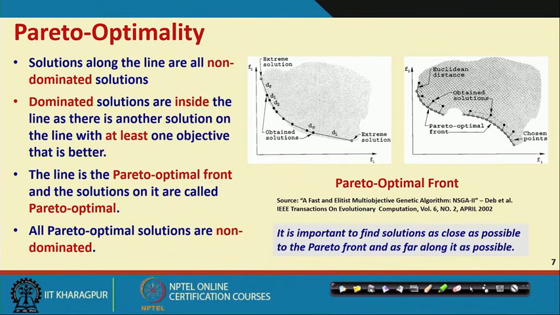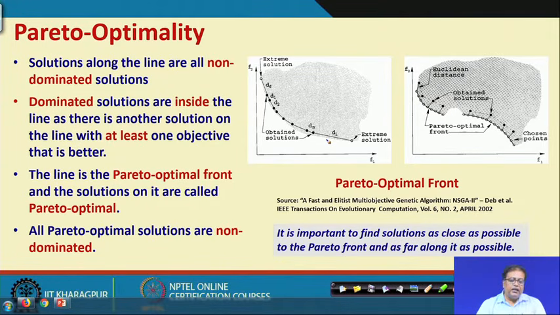Here you can see the solutions along the line. If you look at this particular plot, there are a series of solutions, all of them feasible solutions. Out of all those feasible solutions, if I find the solutions on the boundary, these are the obtained solutions that usually constitute a Pareto optimal front, and the solutions on the Pareto optimal front are usually Pareto optimal.